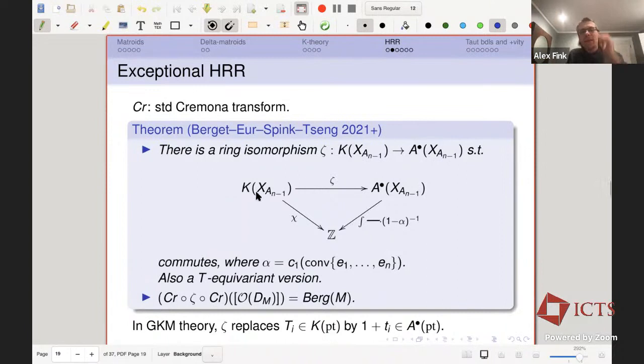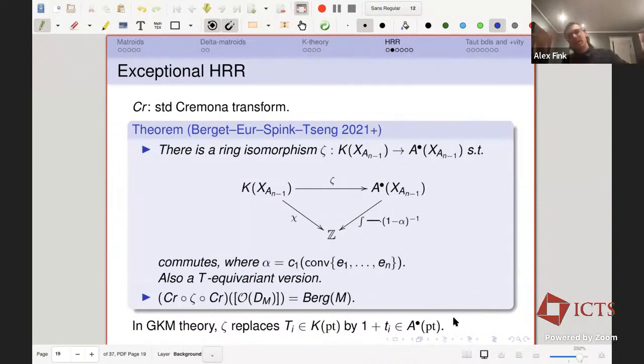You can represent this K ring and this Chow ring both using localization as collections of local data. And at that level, it's not so hard to say what the map is. You take a torus character on the K side and you add 1 to it. So you substitute T_i with 1 plus T_i. In the localization description, that's what the map is.